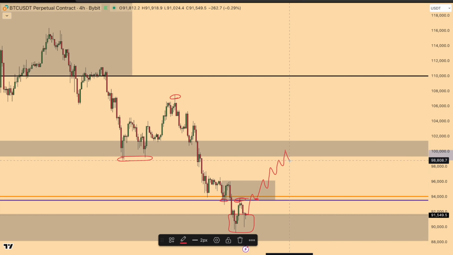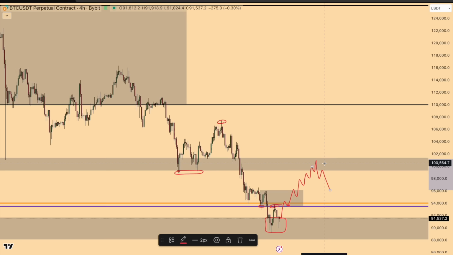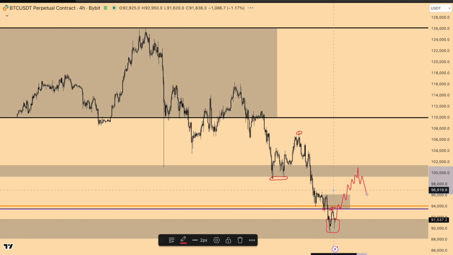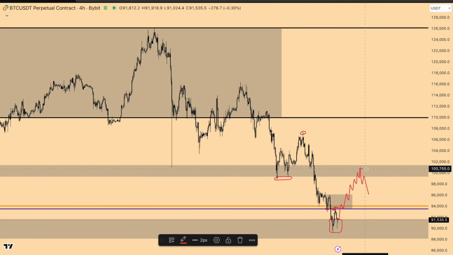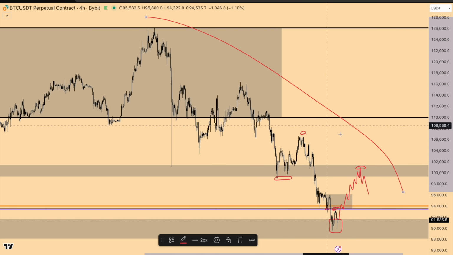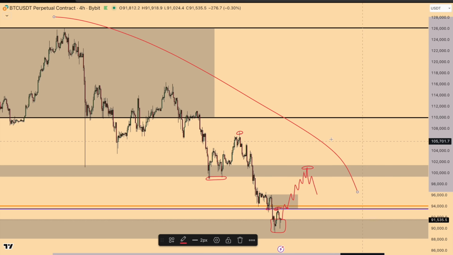And then of course, as I said, this region here is probably going to be a major resistance level for the next lower high to continue this current downtrend, just because I don't see any current catalysts which would cause BTC to continue pushing up.